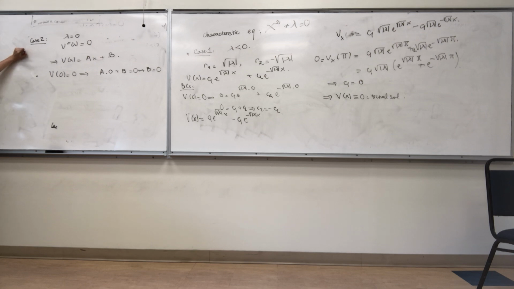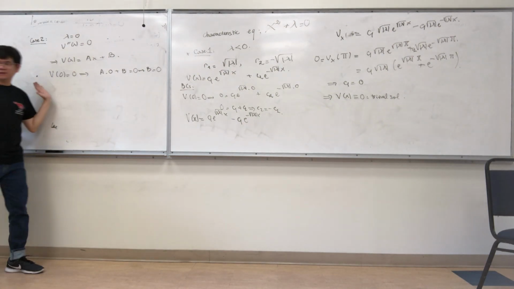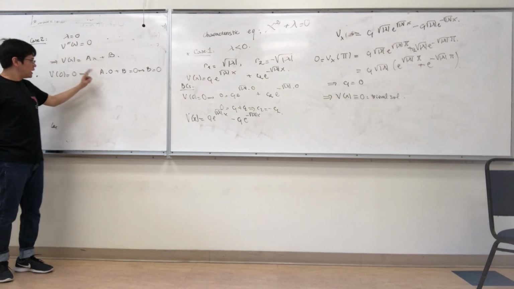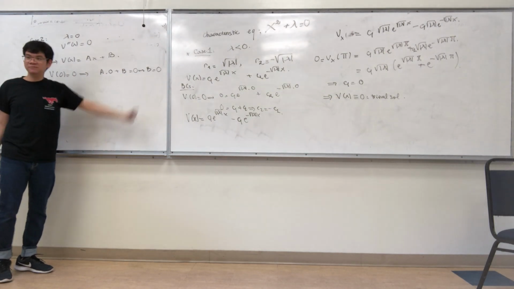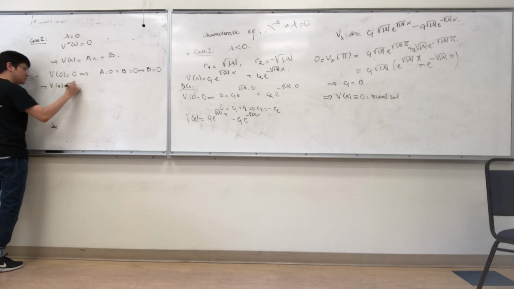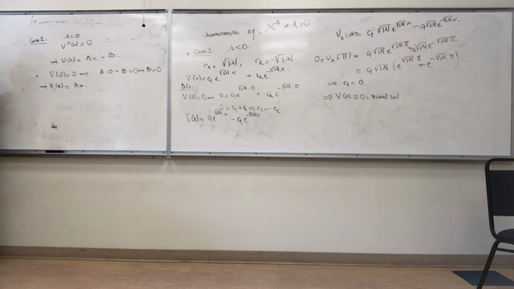So when V'' is 0, V has to be a polynomial of degree 1. So you replace the two boundary conditions. The first one is V(0) is 0. So a times 0 plus b is 0, which means b is 0. So V(x) will now be ax only, because b is 0.